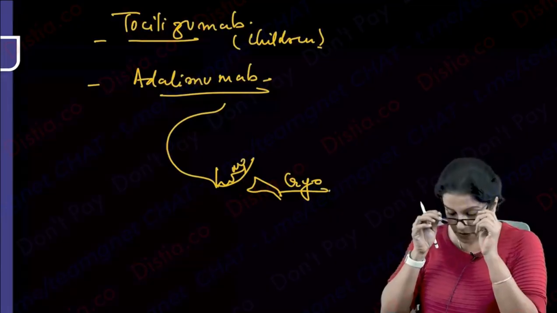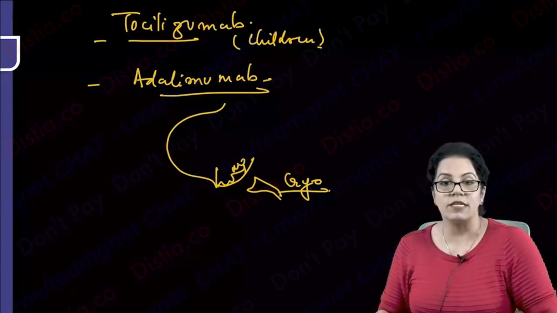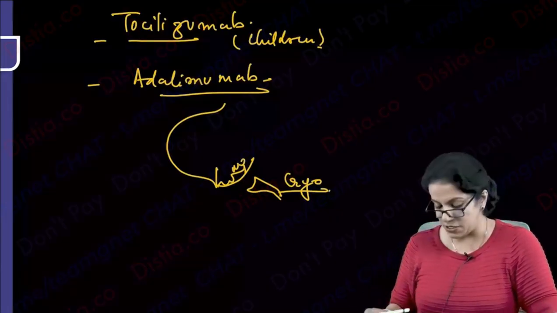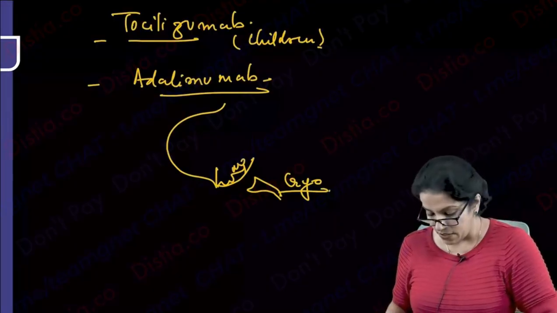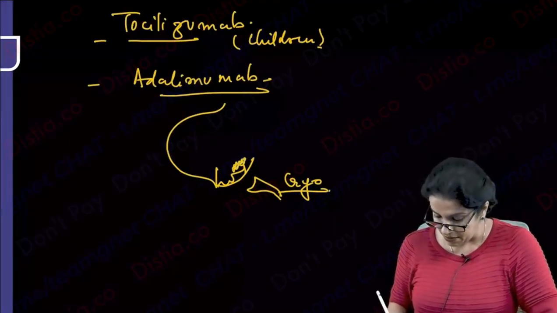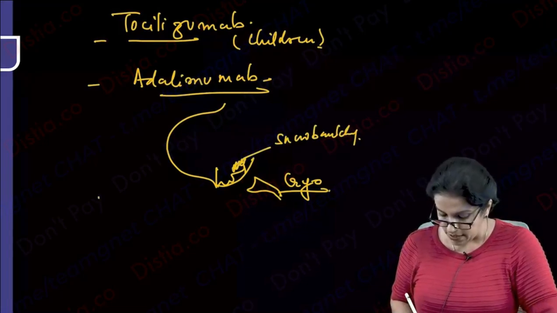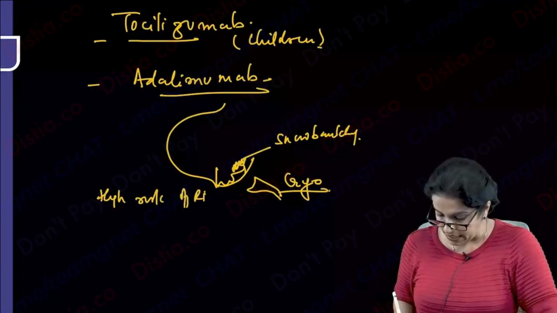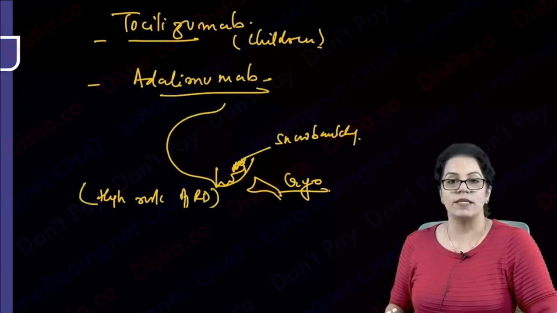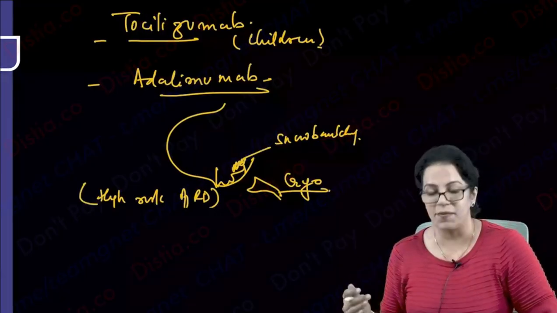When the blood supply of this fibrovascular membrane was damaged, which was mainly the source of inflammation, this worked. Got it? This I've made a rough picture. This was the snowbank. But it is seen that if we do this, there is a high risk of retinal detachment. So that is why we are trying to avoid this, and instead it is better to go for immunosuppressive therapy.